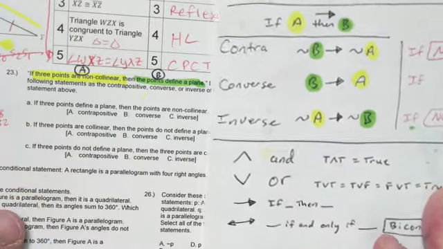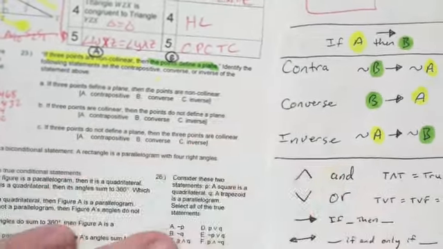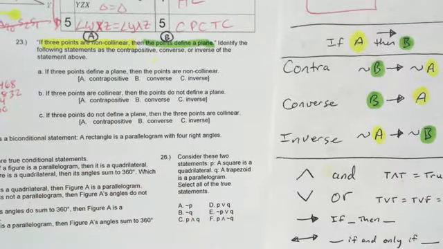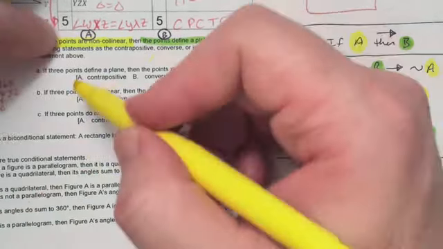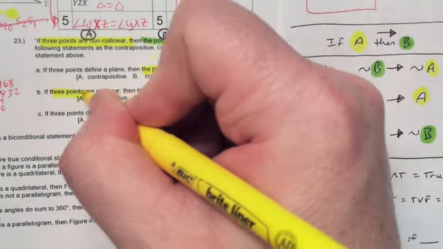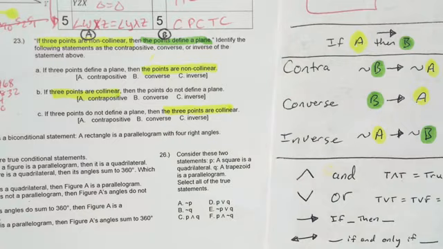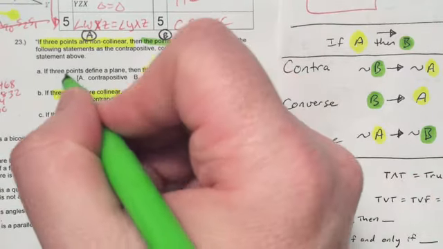All right, and we're trying to match this up, right? So trying to figure this out. Which one is these? So I'm just going to highlight anything that has anything about collinear stuff in it. So this is collinear, collinear, collinear. And then my green with anything about points on a plane.